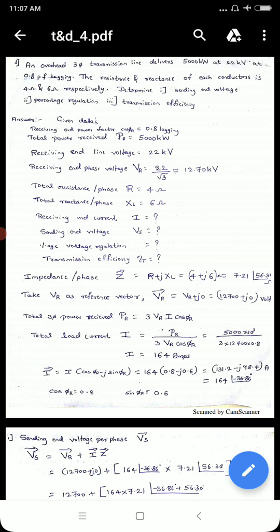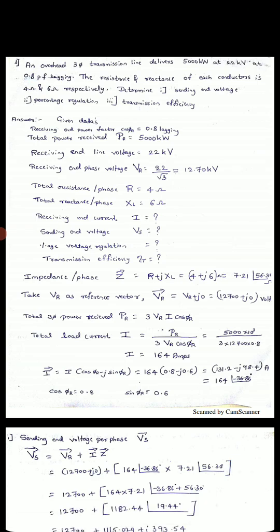So impedance is given by R plus jXL, that is 4 plus j6. If we convert it into polar form, we get 7.21 at an angle of 56.3. We know that VR reference is equal to VR plus j0, so we write it in that form.